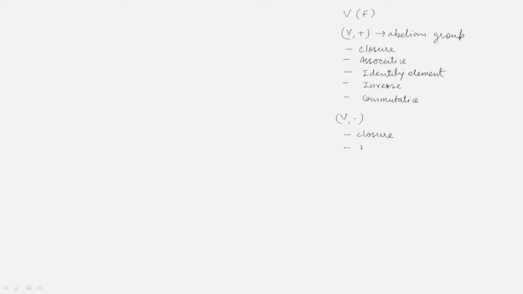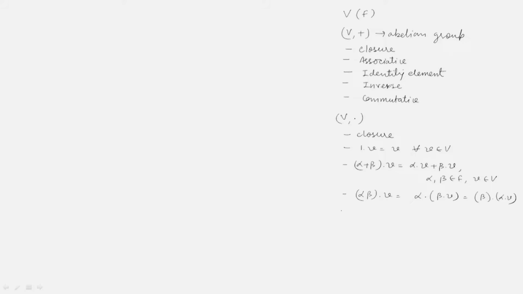the second property is 1 dot v equals v for all v in V. Third property is (alpha plus beta) dot v equals alpha dot v plus beta dot v, where alpha, beta are in the field and v is any vector in V. Next is (alpha beta) dot v equals alpha dot (beta dot v), and the same as beta dot (alpha dot v).